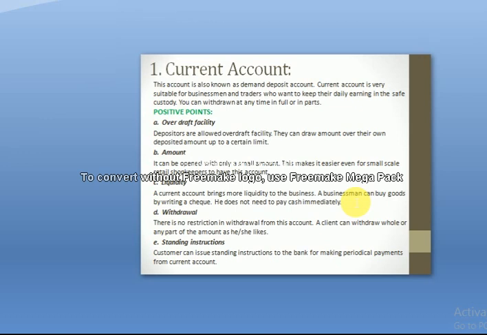Now, as we know, the current account is mostly suitable for the businessman, as I discussed in the early definitions or early explanation of the lecture. So this is more suitable for the businessman.